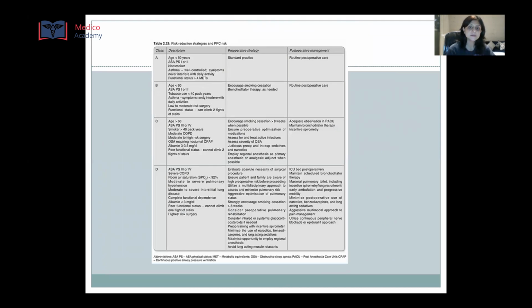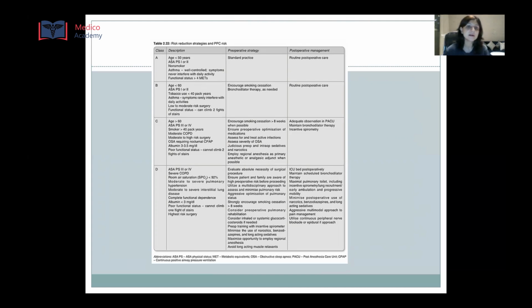So in short, these are the risk reduction strategies for PPC that we need to follow preoperatively and postoperatively. These are the risk factors, A, B, C, D. Category A: the preoperative strategies are standard practice, and postoperatively we need routine postoperative care.